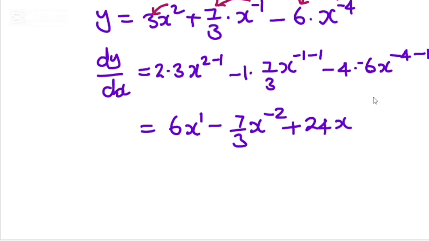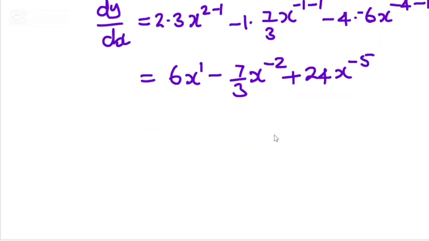Then x to the power negative 4 minus 1 is negative 5. So taking back the x's to fraction, we are going to have 6x. This is going to be as it is because any number to the power 1 is the number itself.